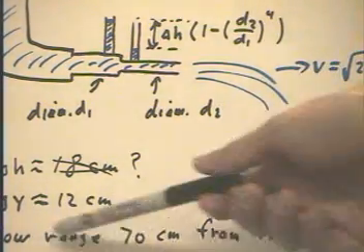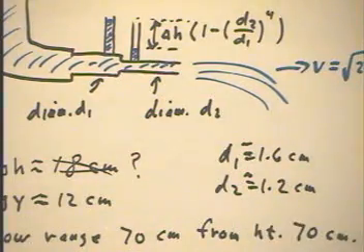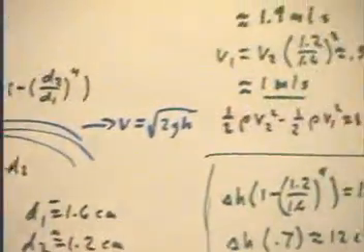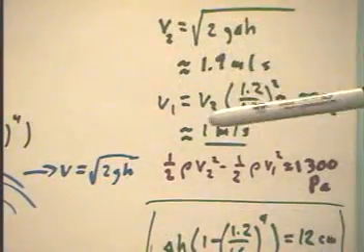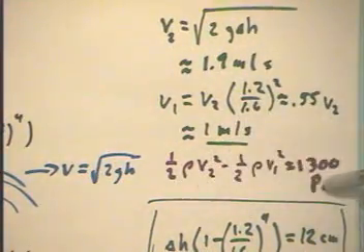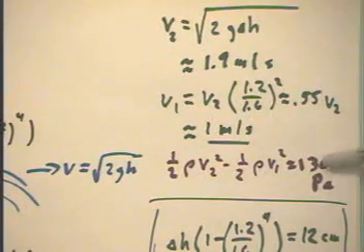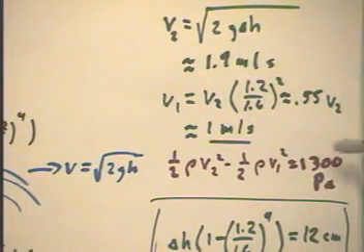So we could use this information rather than Bernoulli's equation to find our exit velocity V2, and then we could reanalyze this and see how much difference that makes in the predicted height of the water column, and see how consistent that is with our observations.